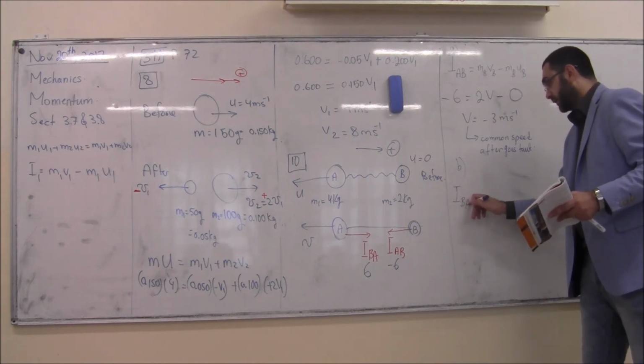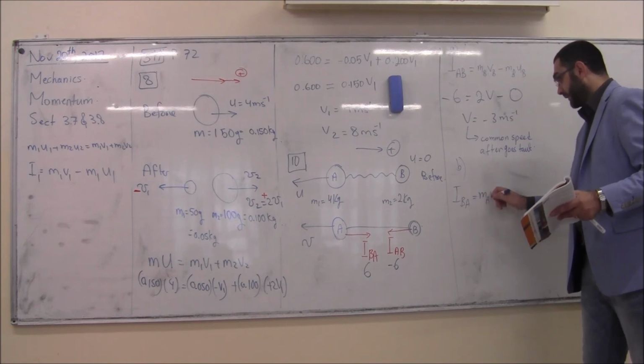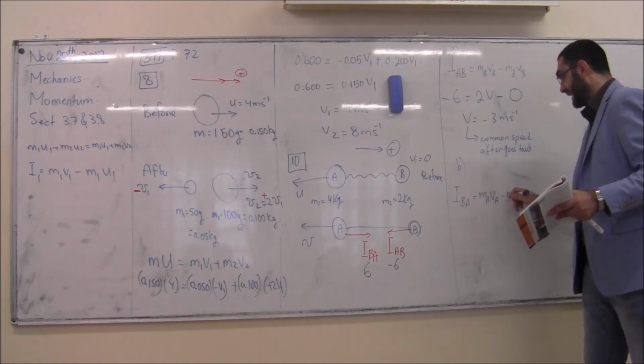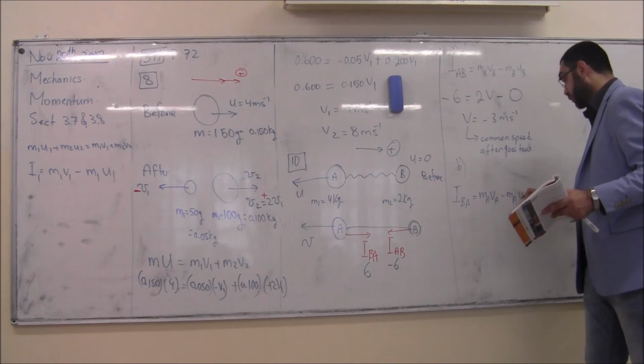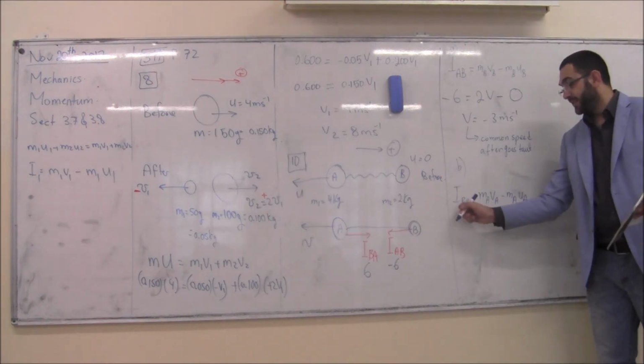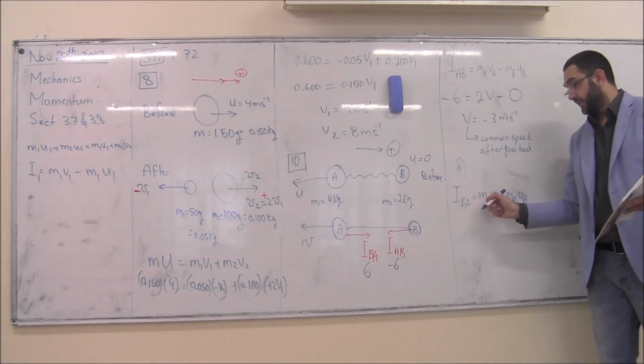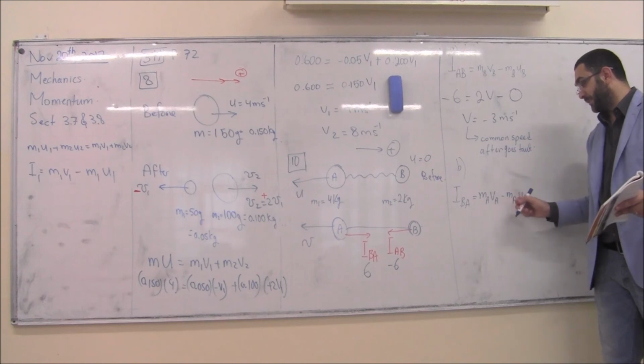the impulse of B on A equals MA VA minus MA UA. B on A: MA VA minus MA UA.